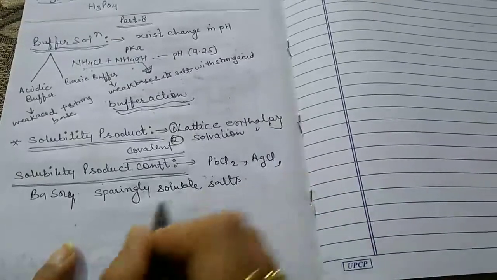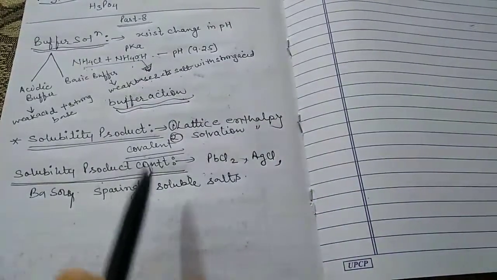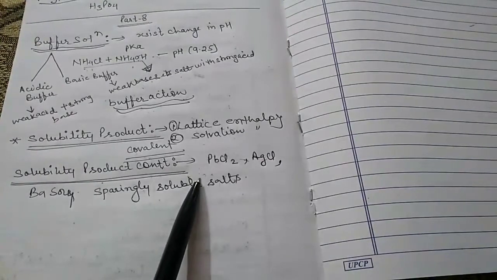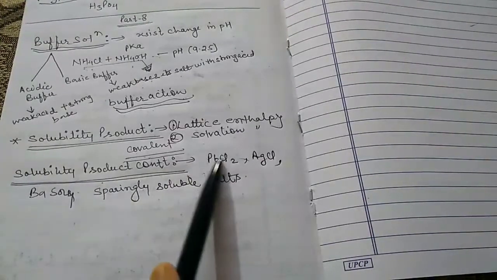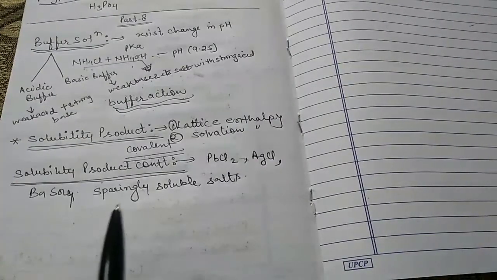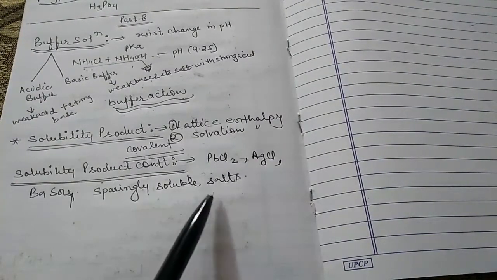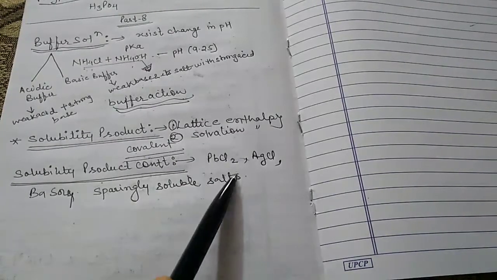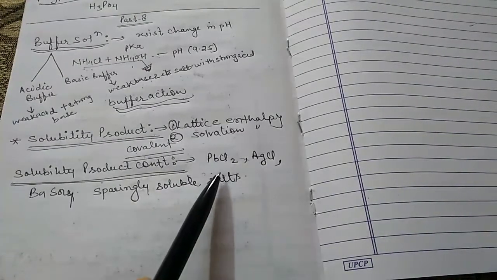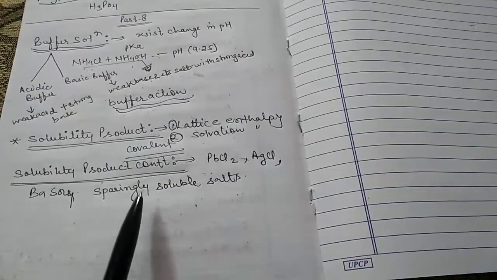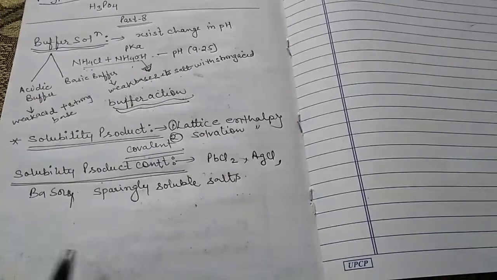When these sparingly soluble salts, lead chloride, silver chloride or barium sulfate, are dissolved in water, an equilibrium is established between the undissolved solid salt and the ions of the dissolved salt.